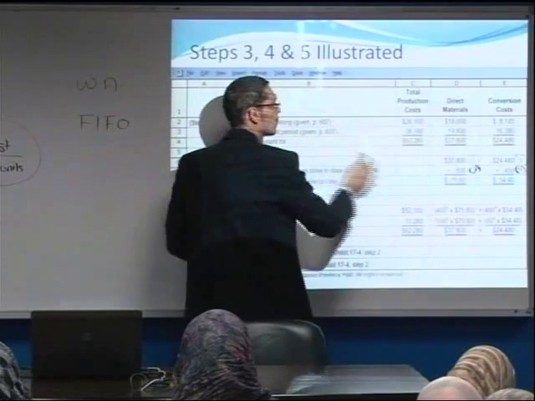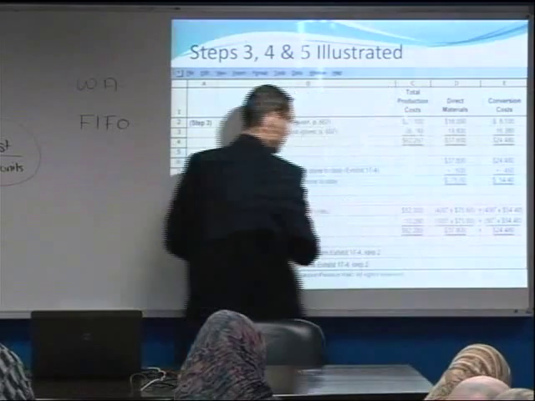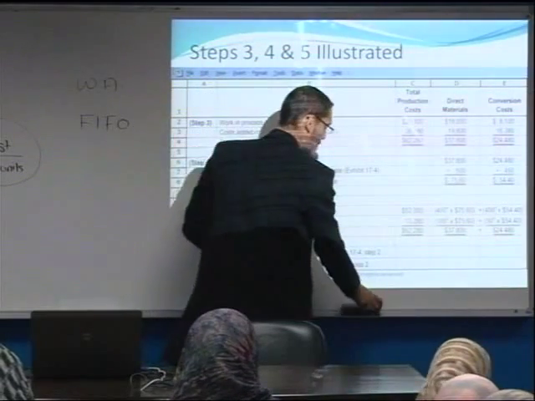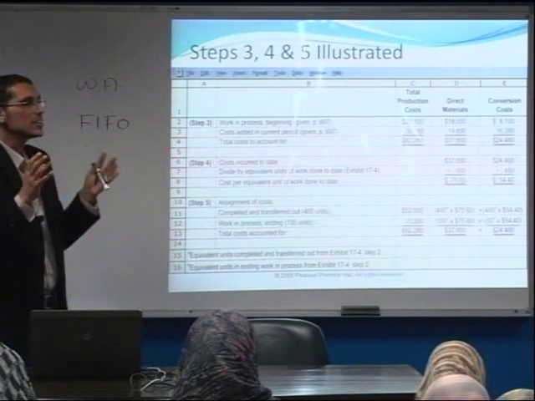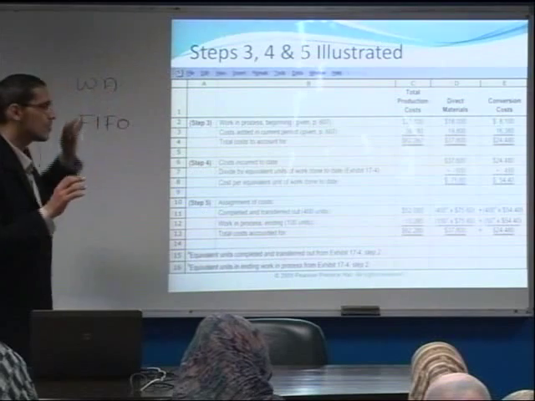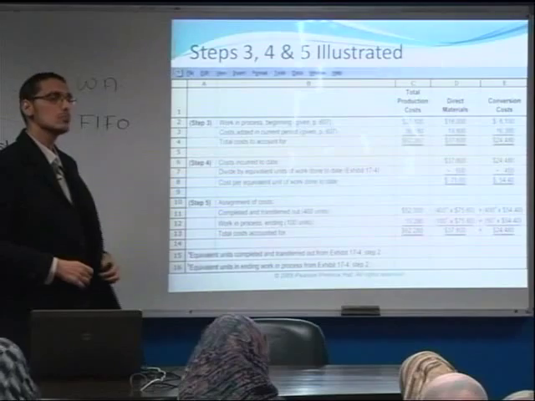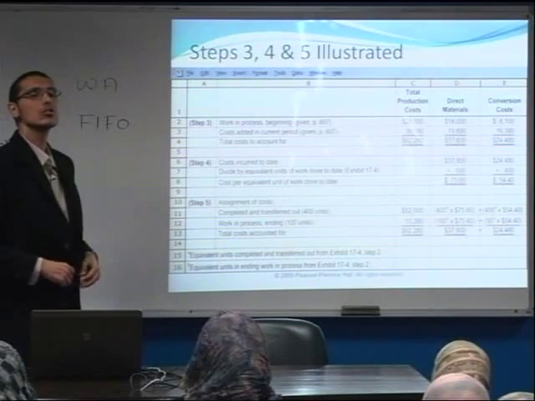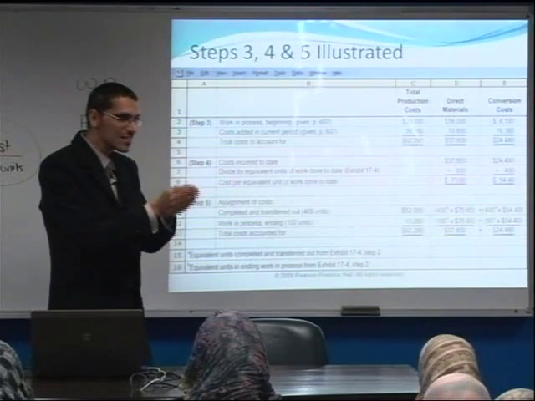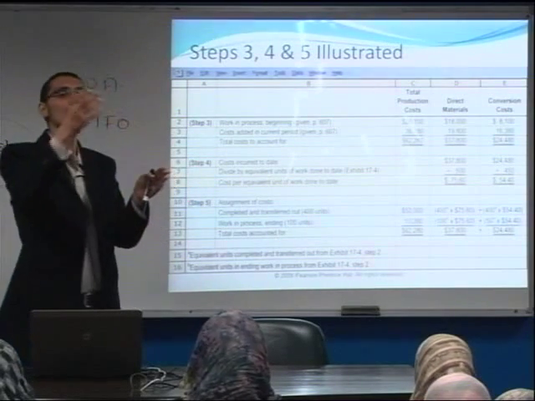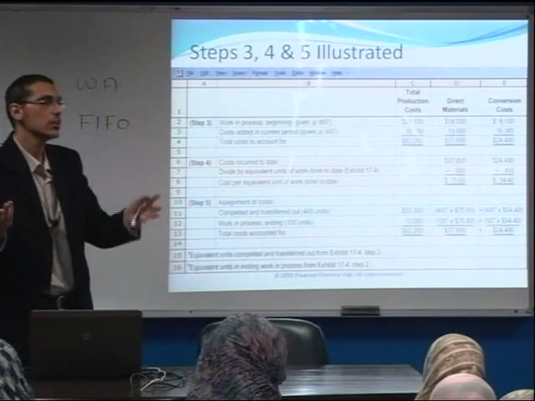Now let us consider the first in, first out. Of course, the first in, first out method would not consider the same assumption as the weighted average method. In the first in, first out method, it assumes that we are going to finish first the beginning work in process, and then we are going to start new products within the period.